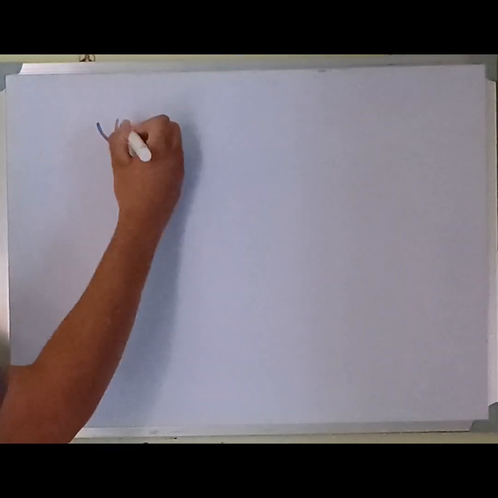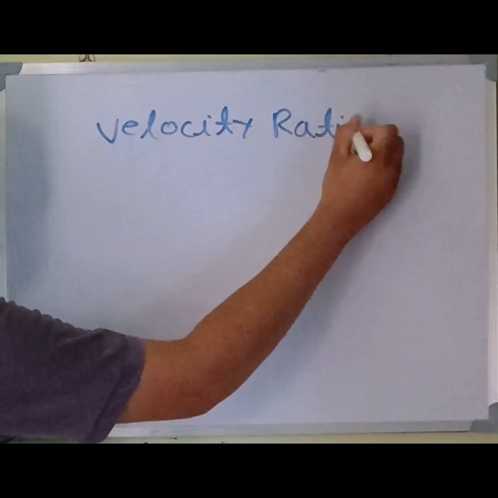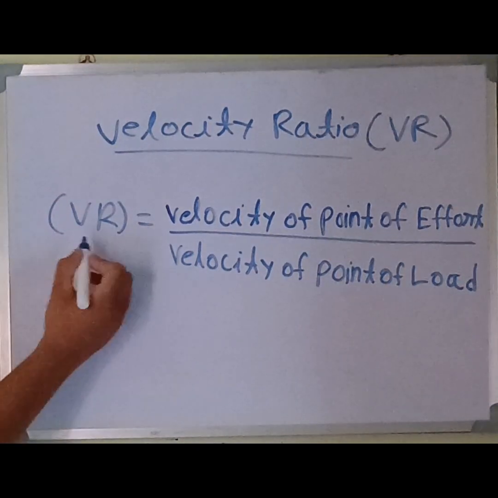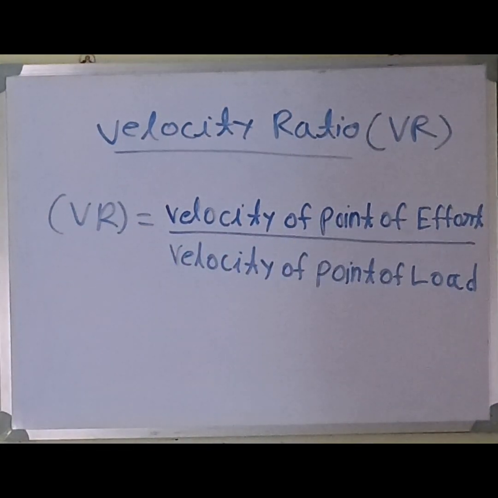To understand the purpose of the machine, we have to know its velocity ratio. Now, what is velocity ratio? Of course, from the name you can understand it is a ratio. It is the ratio of the velocity of the point of effort to the velocity of the point of load.